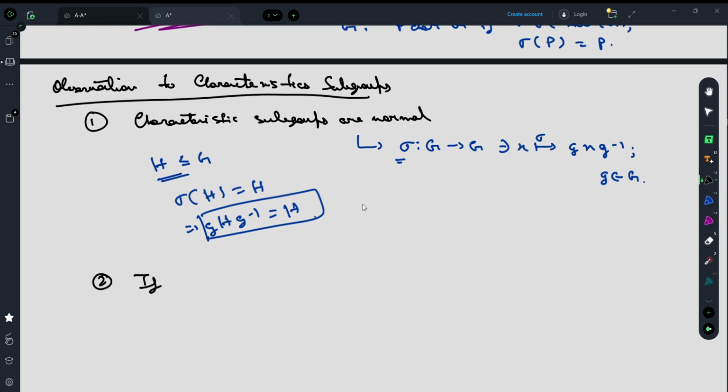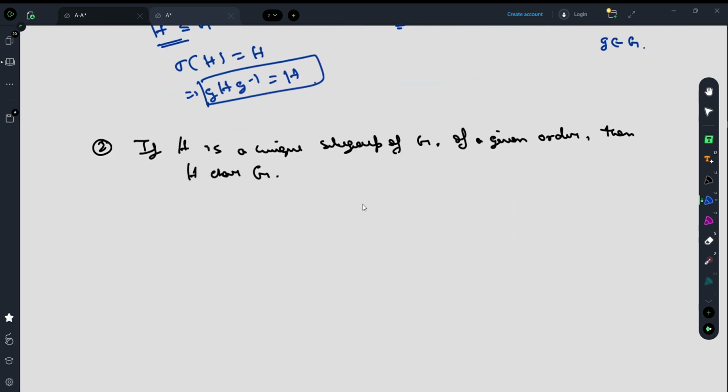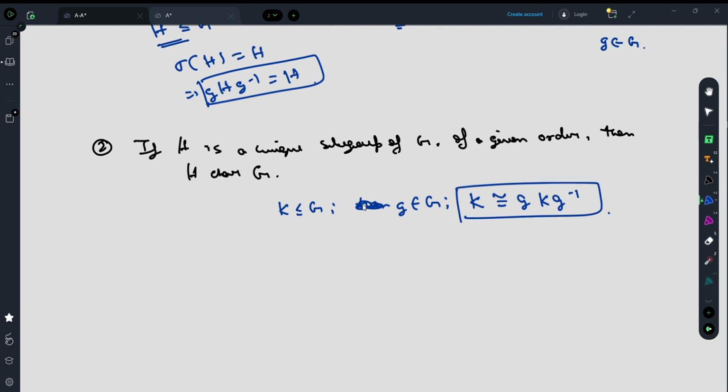The next observation is that if H is a unique subgroup of G of a given order, then H is characteristic in G. This is also a consequence of automorphisms, because there is an important observation which says that if K is a subgroup of G and G is an arbitrary element of G, then K is isomorphic to G K G inverse.